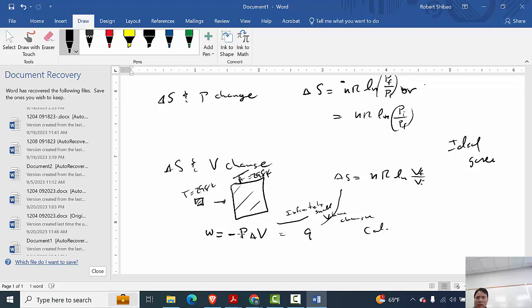Since pressure and volume are inversely proportional, as the volume expands, the pressure decreases. As the volume contracts, the pressure increases. So we get the same equation. If there's a volume change, we use this. If there's a pressure change, we use this. If there's a combination, we just add them to get the total entropy change.